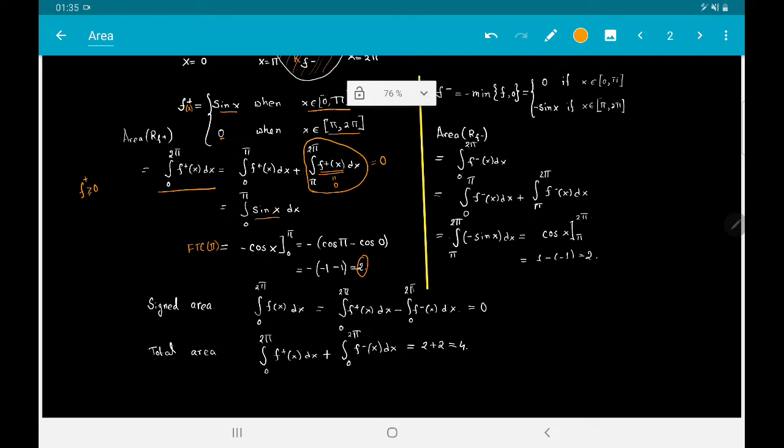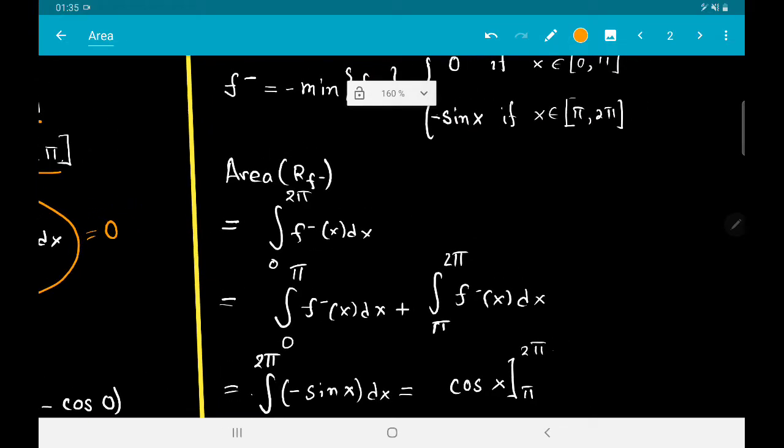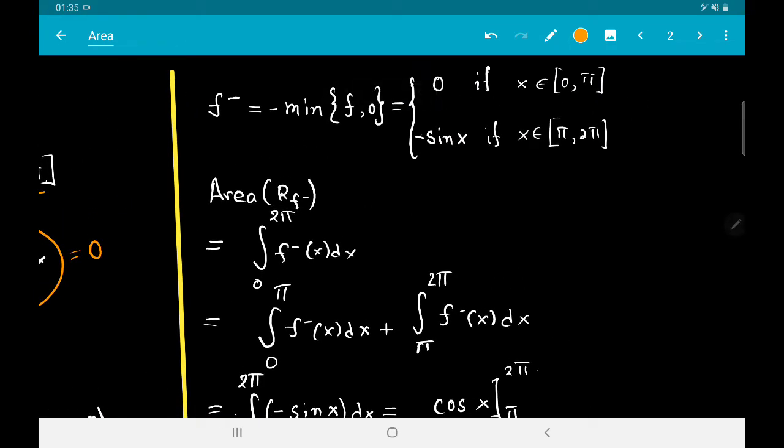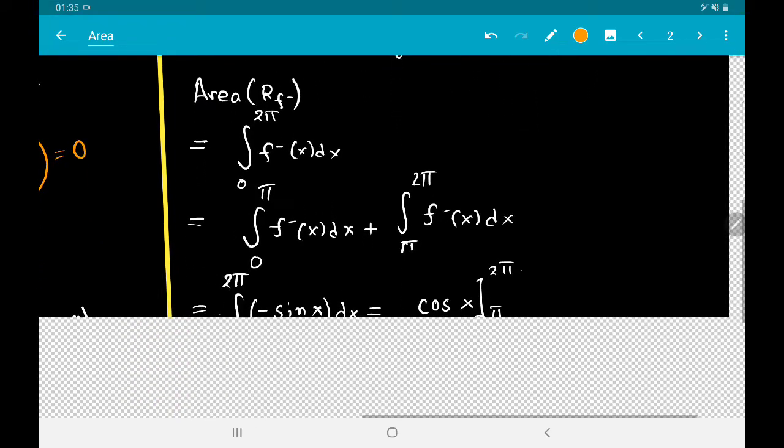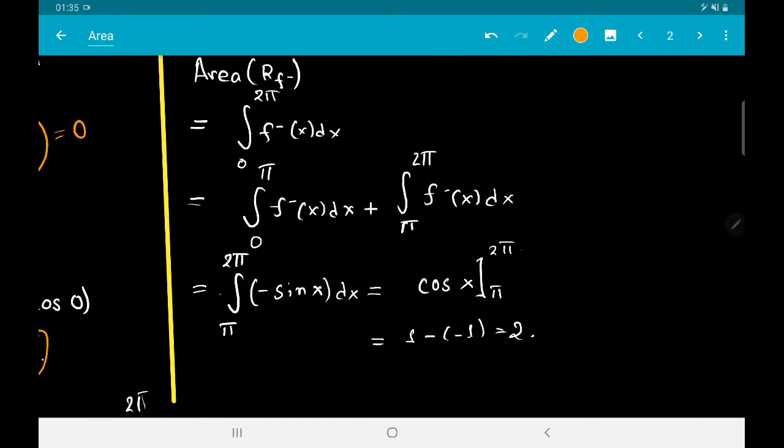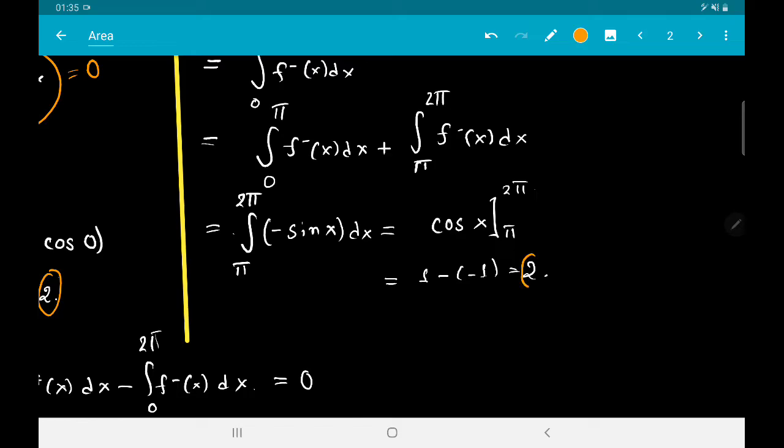Similarly, when we are interested in f minus, we can do a similar computation. You may try to do it yourself, and it is of course given here, and it turns out to be equal to 2.